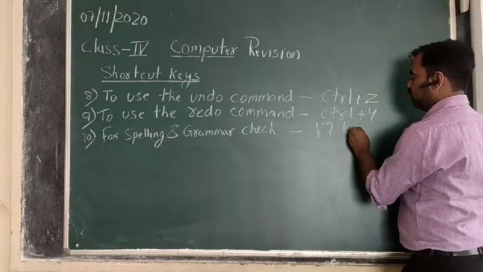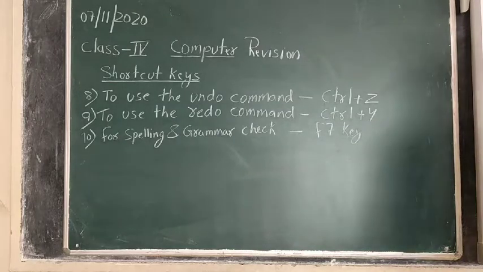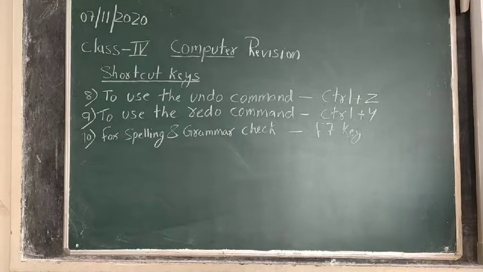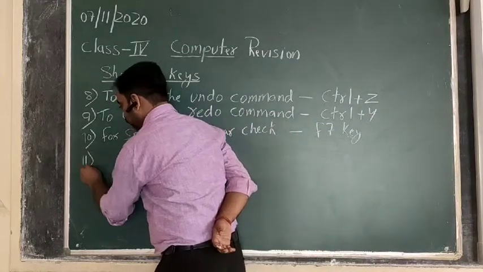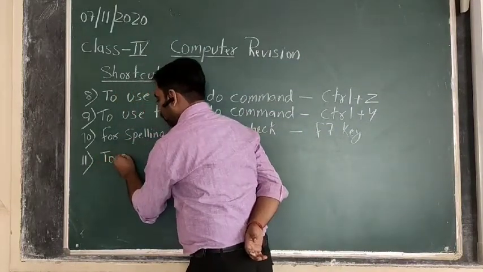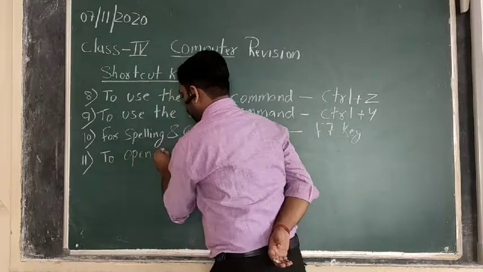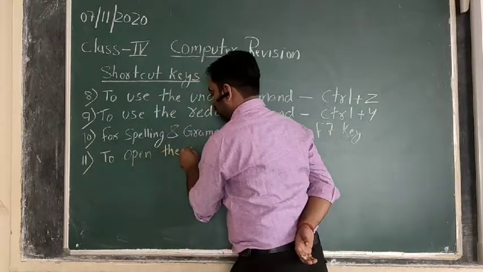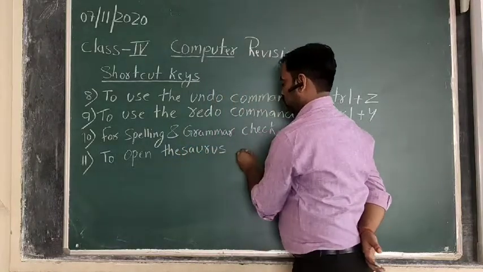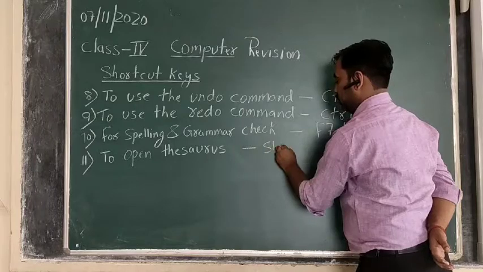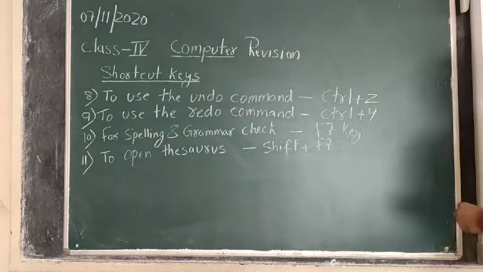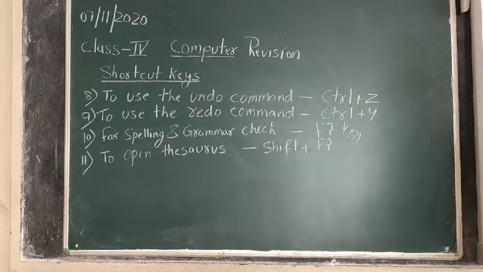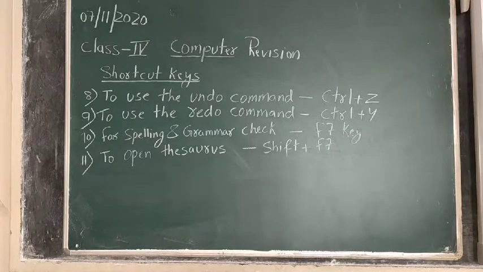You can press the function key F7 from your keyboard to use the spelling and grammar check. The next one is to open the results feature: Shift plus F7. To use the results feature you have to use Shift plus F7.